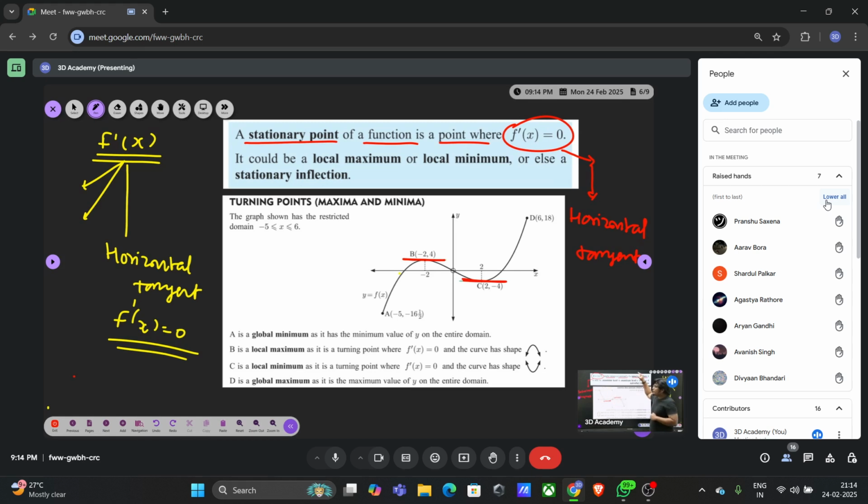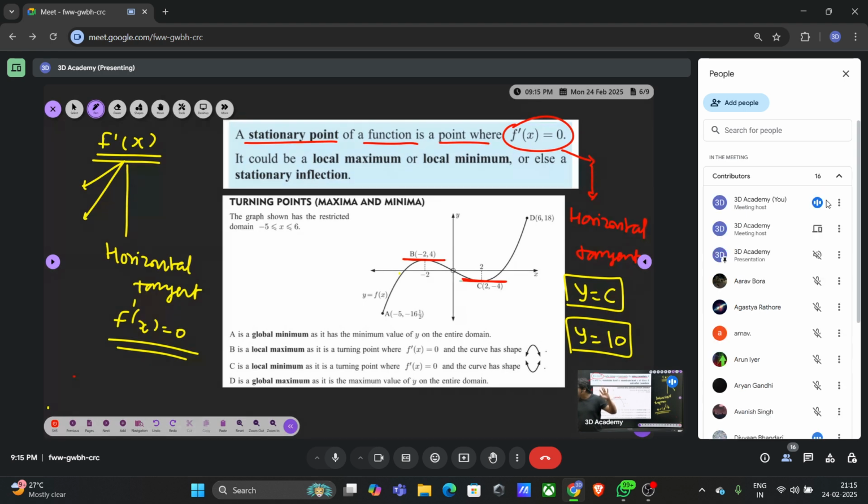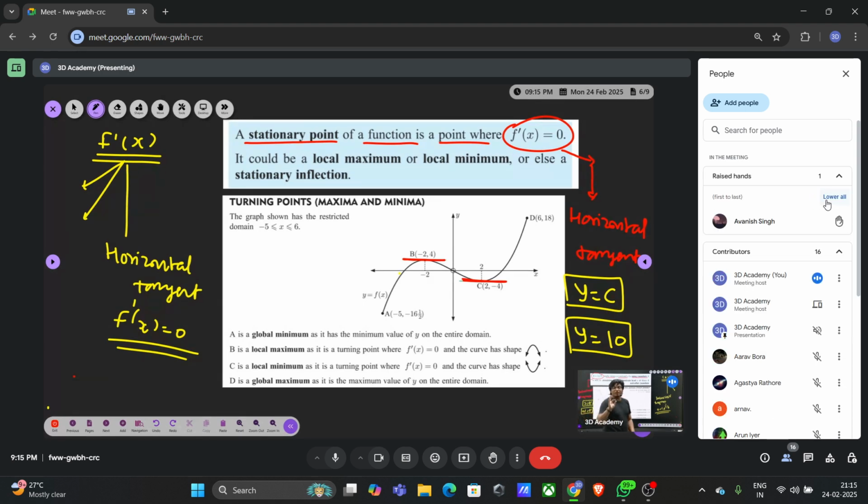You will put those points in the given curve's equation and find the y values, because the equation of a horizontal line is always in y equals c form. In case the question gives you y is equal to 10, it means for the curve it is the horizontal tangent. How many of you understand this point? Please raise your hands. You need to keep these points in mind while solving the questions.